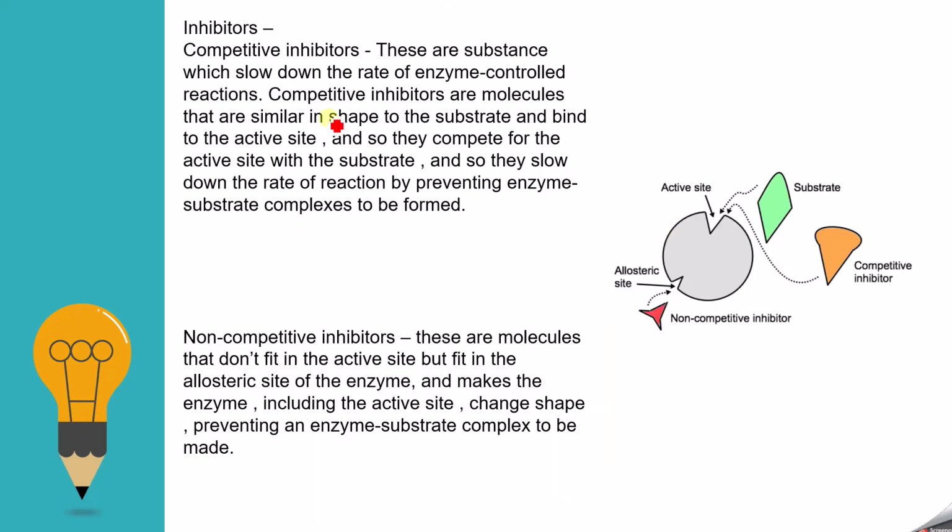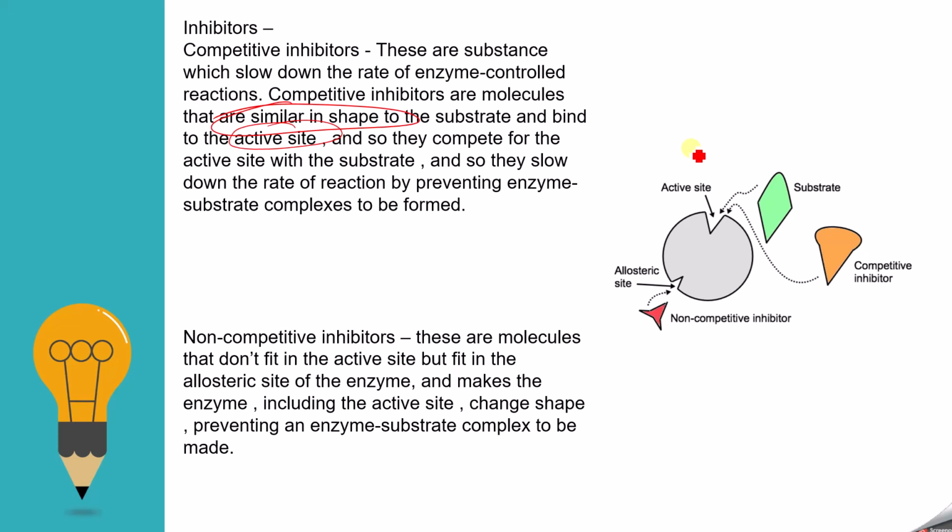Now, inhibitors, we've got two types. We've got competitive inhibitors, so these are substances which slow down the rate of enzyme controlled reactions, and it's in the name, it's competitive, so it will compete with other substrate molecules. It is similar in shape to the substrate and binds to the active site exactly like a substrate, but just slightly changed in shape, and they just compete with the other substrate.